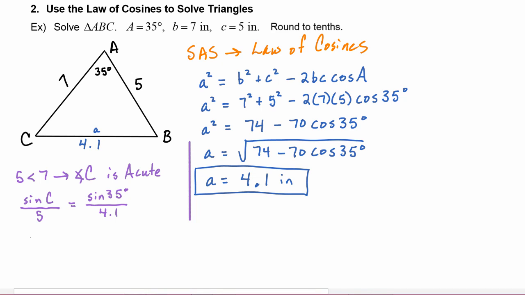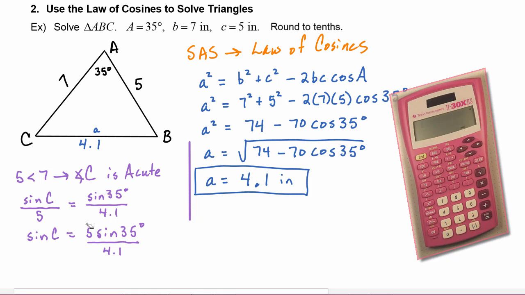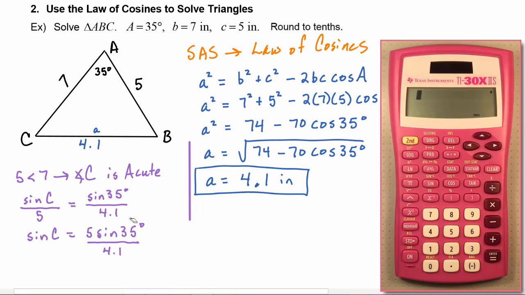Solve for the sine of C, and we get 5 times the sine of 35 degrees divided by 4.1. We can enter this on our calculators.